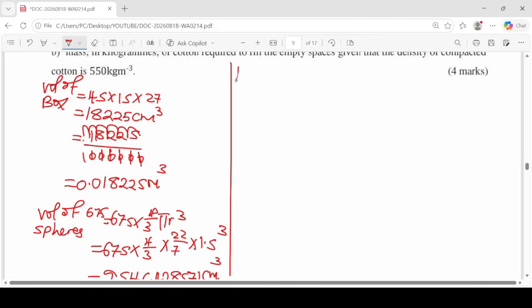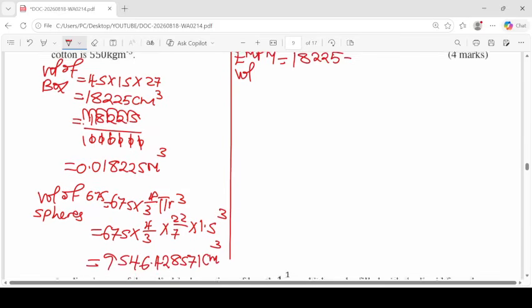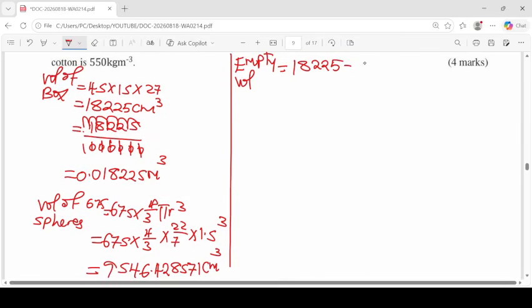To compute the empty volume, I'll take the volume of the box in cubic centimeters, which was 18,225, minus the volume of the 675 spheres, which is 9,546.428571.